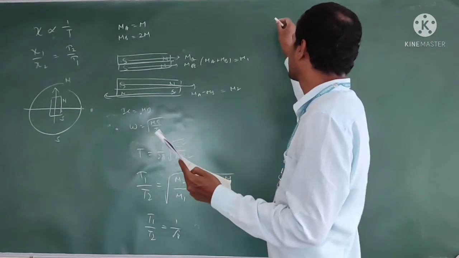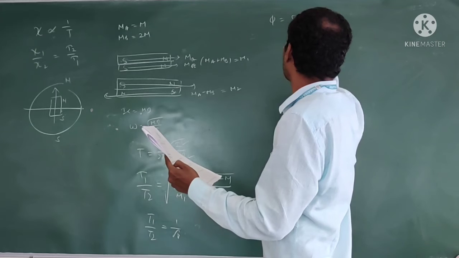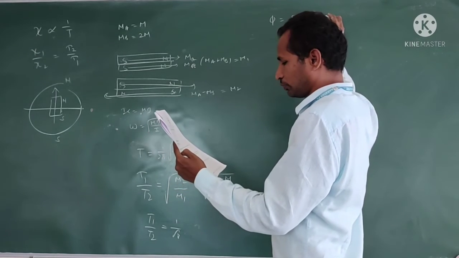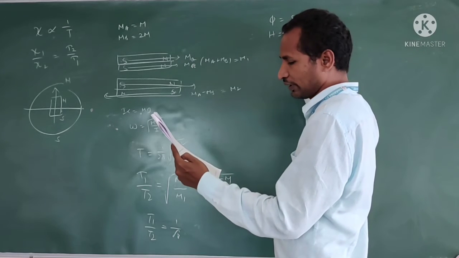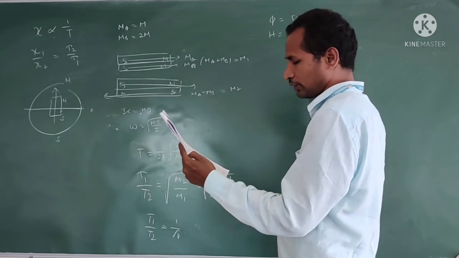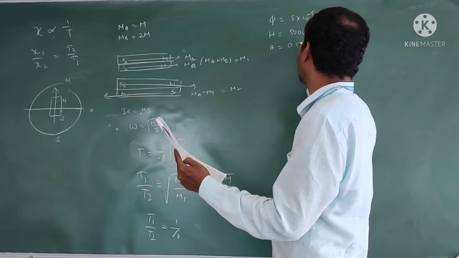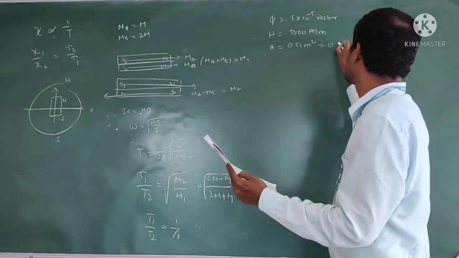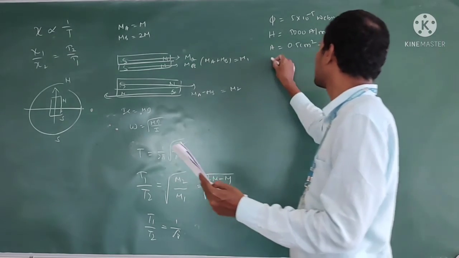Flux given is 5 into 10 power minus 5 Weber. Magnetizing field H is 5000 ampere per meter. Area is 0.5 centimeter square, which is 0.5 into 10 power minus 4 meter square. They are asking mu.